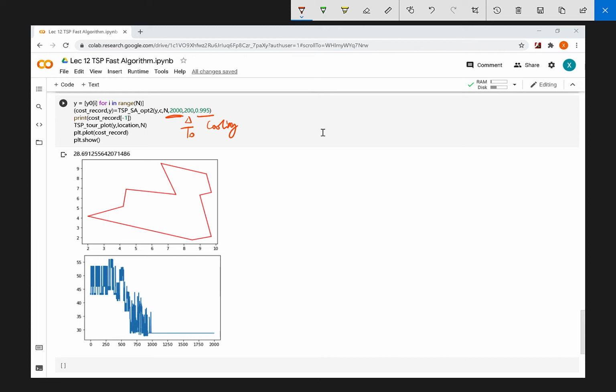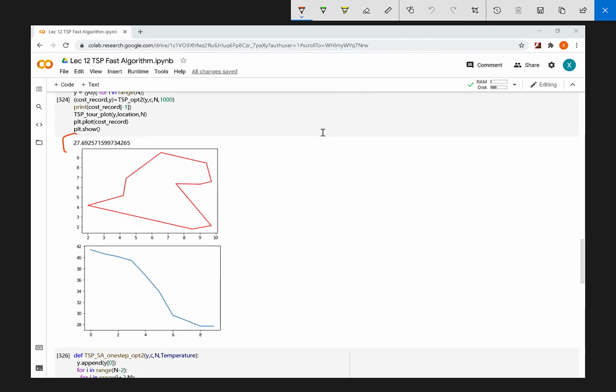Okay, and then we plot the cost over each iteration. This is our iteration number. You can see that at first, when the temperature is relatively high, the chance to jump outside of a local optimum is high. Then, as our temperature gradually goes down as the number of iterations increases, you can see the algorithm finally converges to a point and does not move outside of it, at around 28.69.